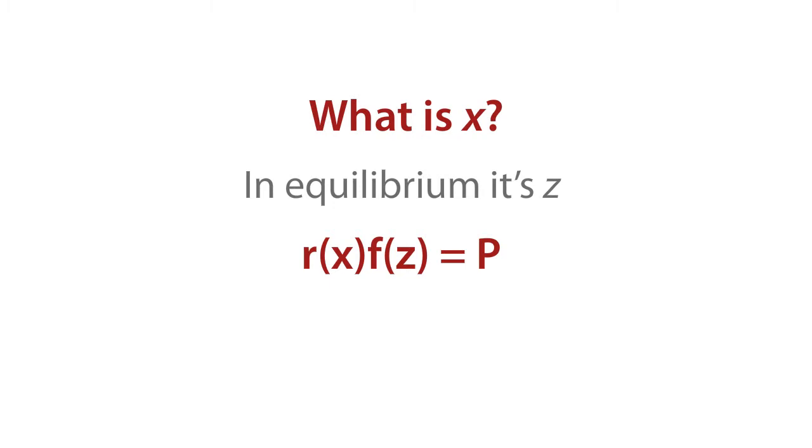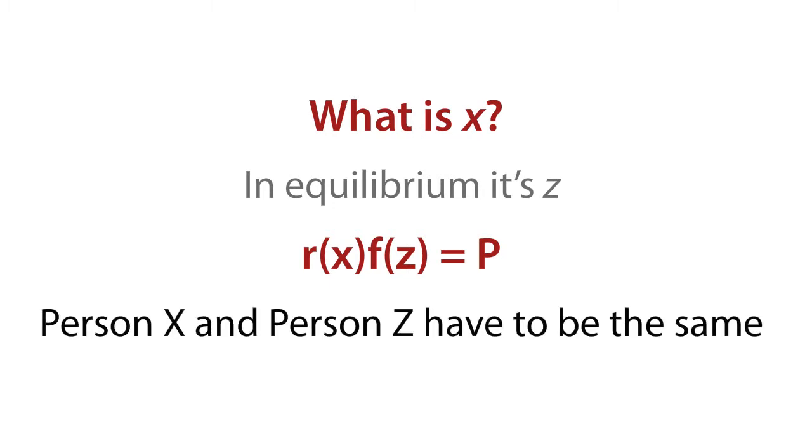And that person X, let's figure out who that person really is. Well, if the guess Z was correct, that person X has to be person Z, they have to be the same. Because remember, everyone whose name is to the left of X is buying the product, if X is the critical person there. Everyone to the right is not buying it. So what's the fraction buying the product when people guess fraction Z? It's this guy X, right at the critical point.